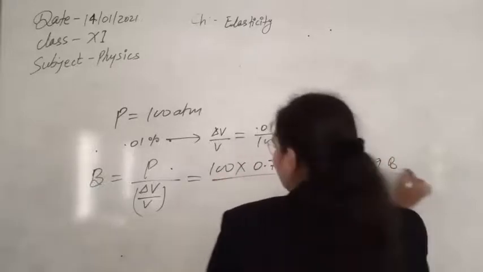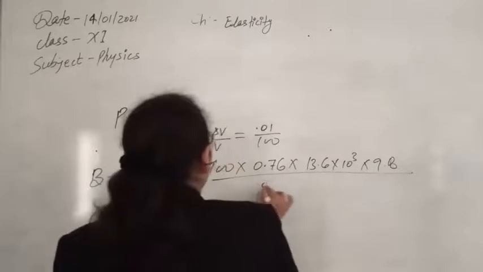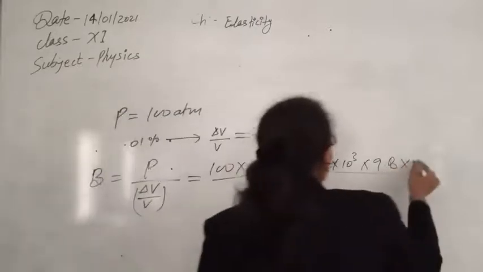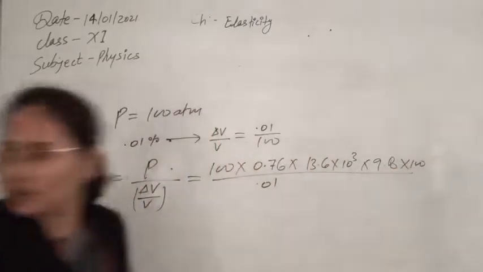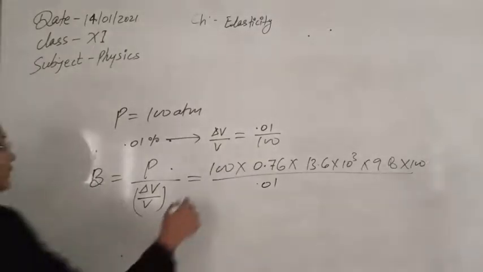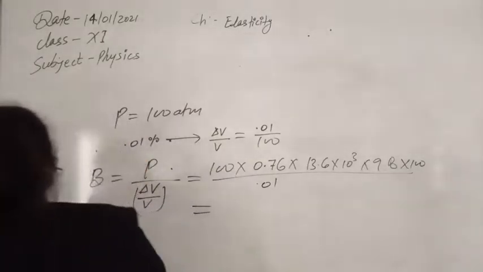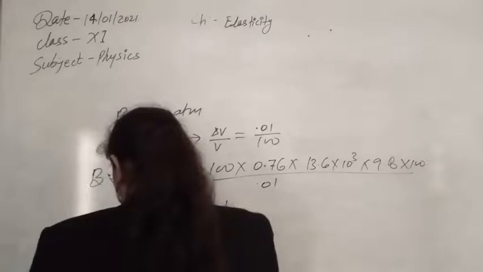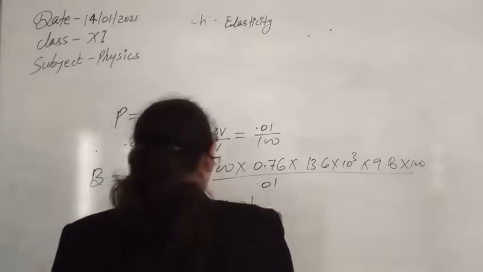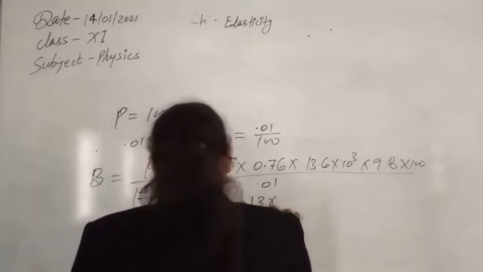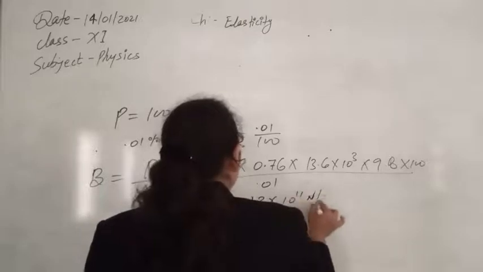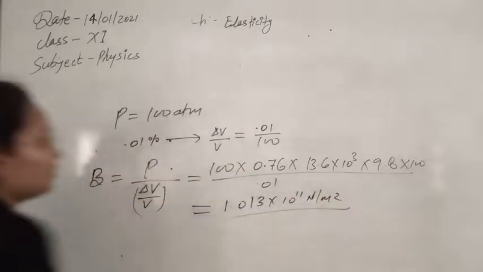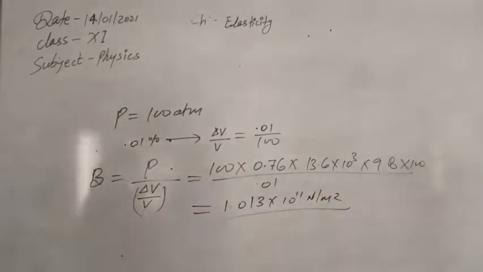And after this, ΔV/V has value 0.01 upon 100. So that can be written here now. And finally, if you solve this whole equation, the bulk modulus can be easily calculated. It is obtained as 1.013 × 10^11 Newton per meter square. So this is the answer for our question.